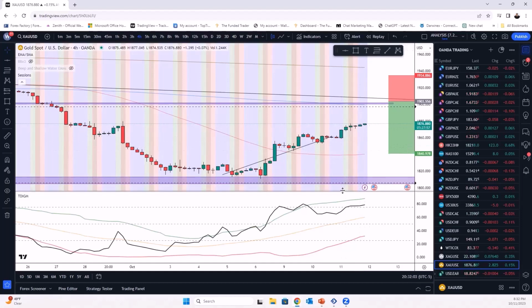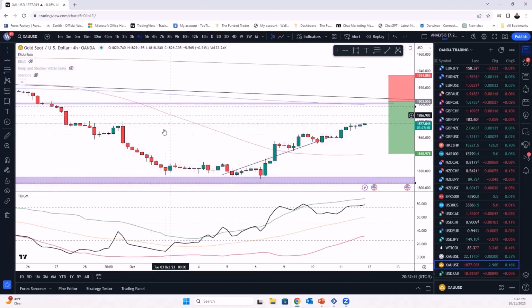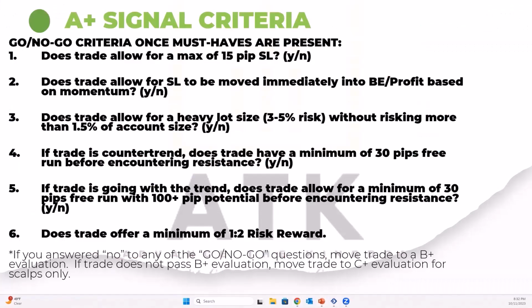And that's when the majority of the volume comes into play. And so with that, when we look at the momentum in the market, our A plus trade says that we can enter a trade and immediately move it to break even because price has now pushed up in our direction.